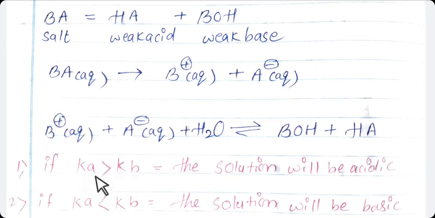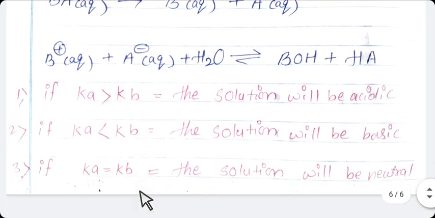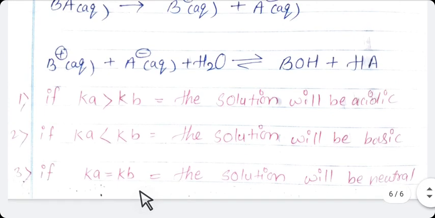So when Ka is greater than Kb, the solution is acidic. Reverse here, when Ka is lower than Kb, the solution is basic, and when Ka is equal to Kb, the solution will be neutral. So there are three conditions by which we can understand whether the solution is acidic, basic or neutral.